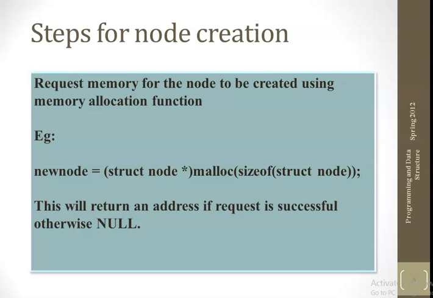So the steps for node creation: the first step is structure definition. We have already made that. After that, based on that structure definition, we must request memory space, and for that we have a ready-made or built-in function called the memory allocating function, malloc.